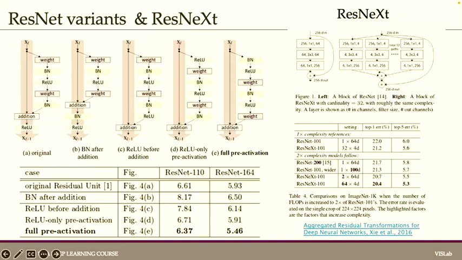And there are these variants. You have another innovation called ResNext, where the basic idea is you use grouped convolutions, which we talked about earlier. Instead of having something that looks at all the channels, it only looks at a subset of channels. This way, it gives you efficiency.